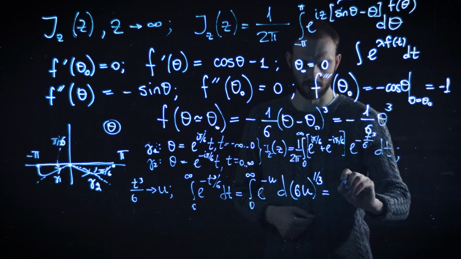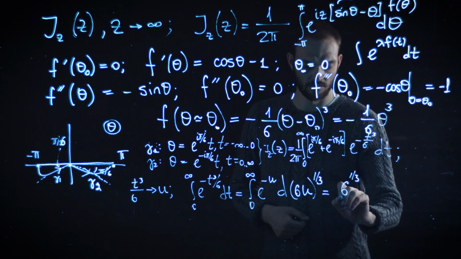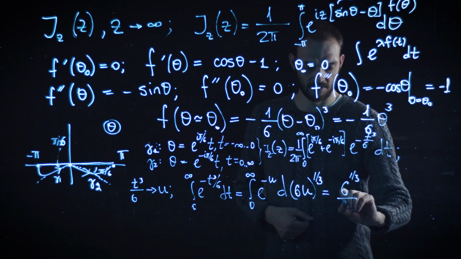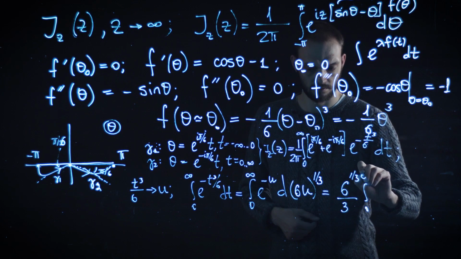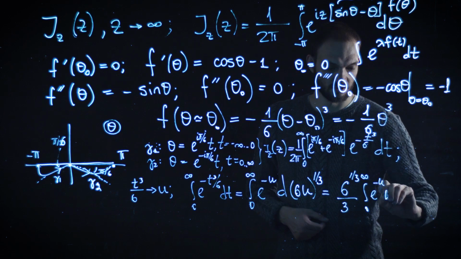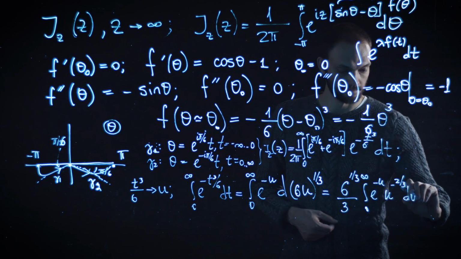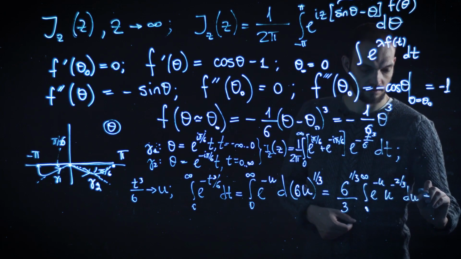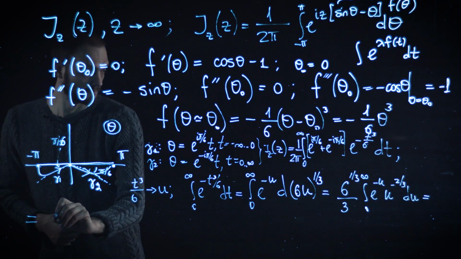The last step is to come to the following expression: 6 to 1/3 divided by 3 and exponent of minus u times u to minus 2/3 du. And this is nothing but a gamma function with a certain prefactor.